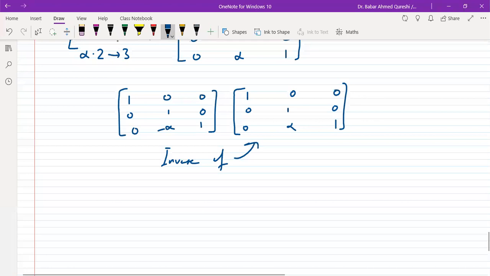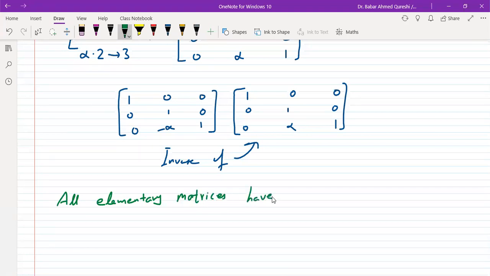So all elementary matrices have inverses, which are elementary themselves.